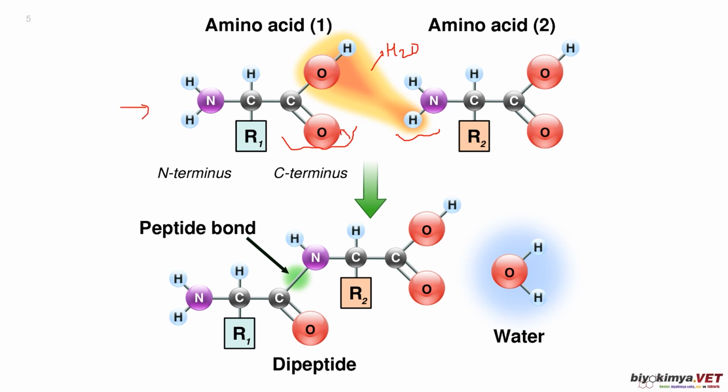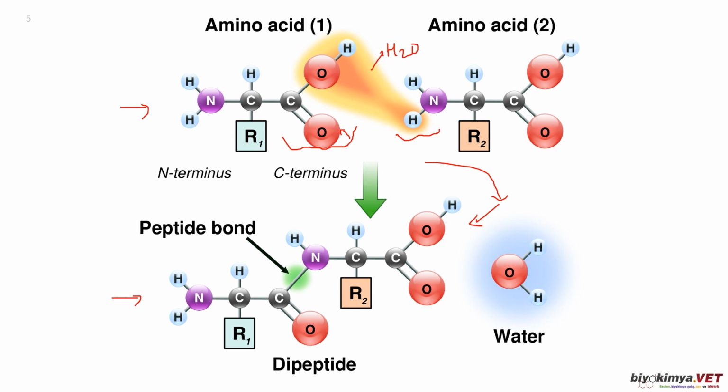Thus, at the end of the peptide formation, you also see the water here. Here is a dipeptide, or maybe tetra, penta, hexa, or a polypeptide. There is always an N-terminal, which is a free amino group at one end of the chain, and the carboxyl terminal, or C-terminus, at the other end of the polypeptide chain.